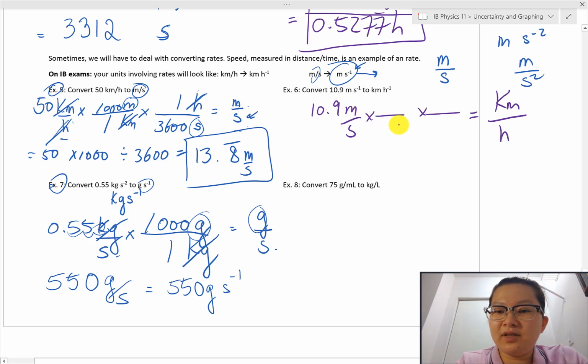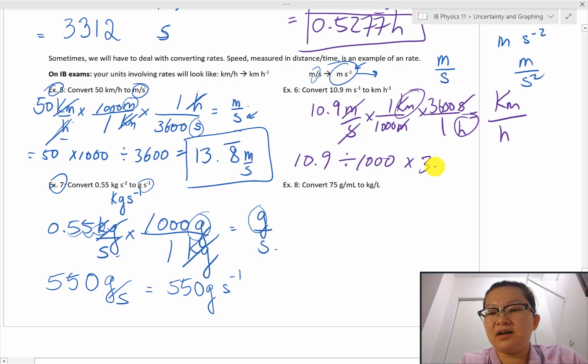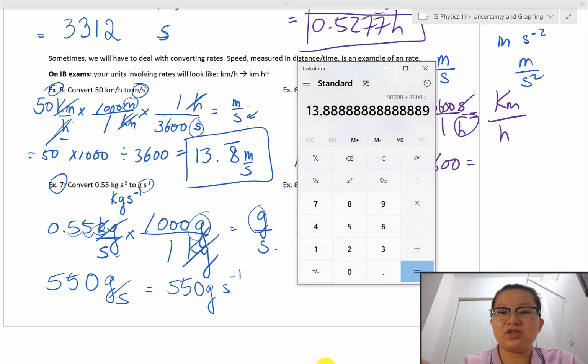To get rid of meters, I need meters on the bottom and kilometers on top. There are 1,000 meters in 1 kilometer. I need hours on the bottom and seconds on top to get rid of the seconds. There are 3,600 seconds in 1 hour. If I cancel things out, the meters cancel, the seconds cancel, and I'm left with kilometers per hour. Beautiful. Mathematically, that is 10.9 times 1 over 1,000, the same as dividing by 1,000, and times 3,600, exactly the opposite of the previous question.